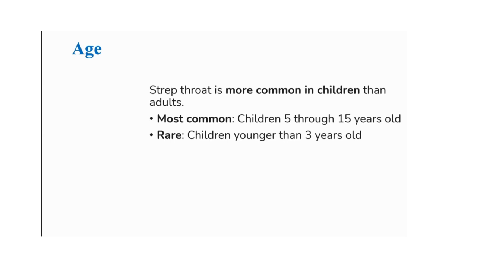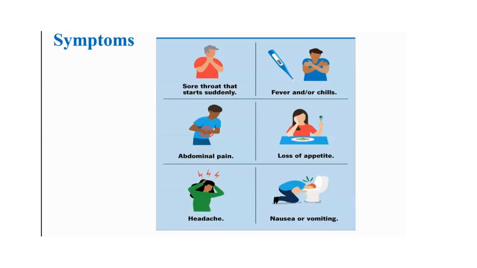Close contact with another person with strep throat is the most common risk factor for the illness. Any age can be affected, but the most common is 5 to 15 years.